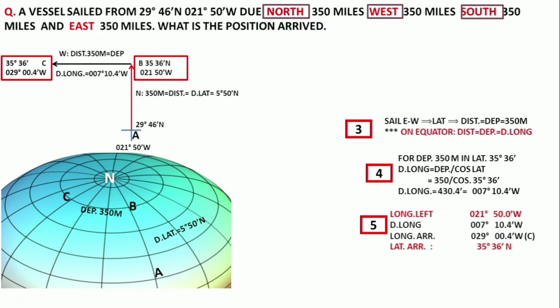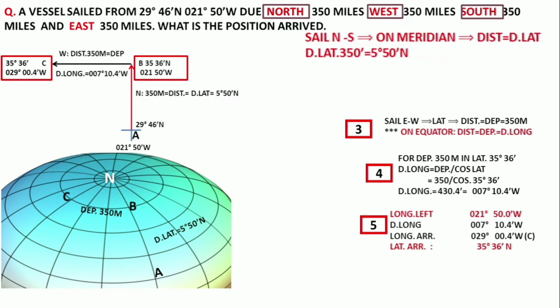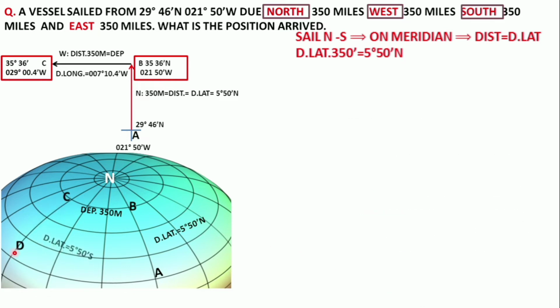Now she goes south. Going south, as we said, is along the meridian. And whatever distance she has covered would be D lat, and she has done 350. So your D lat would be 5 degrees 50 minutes, south in this case because she went south.